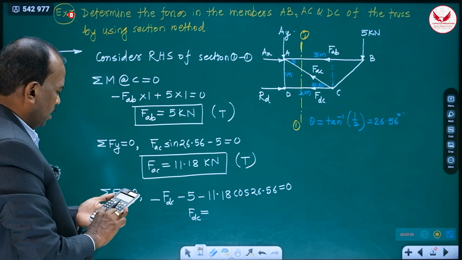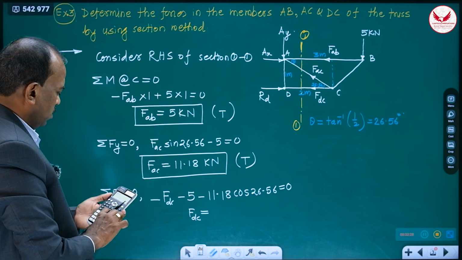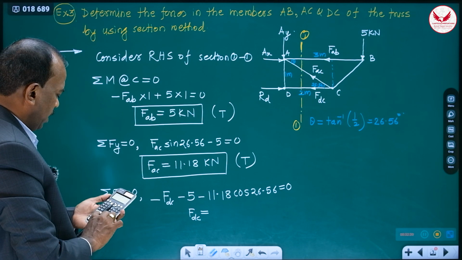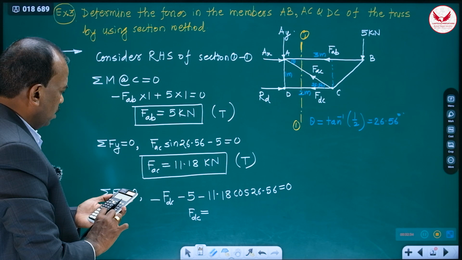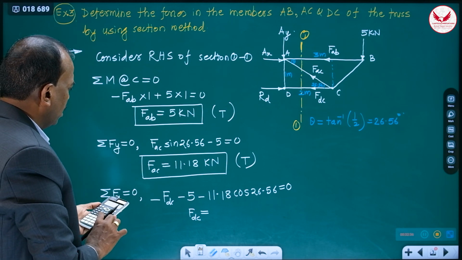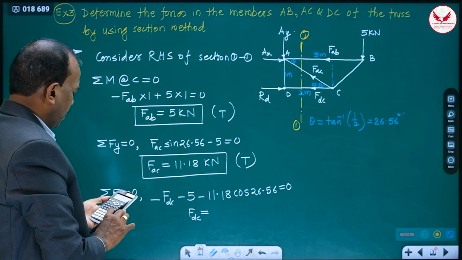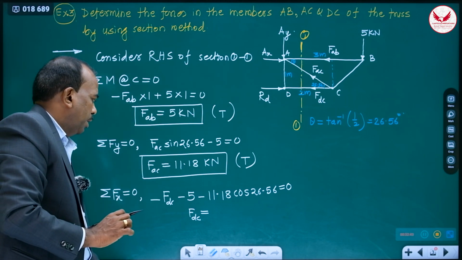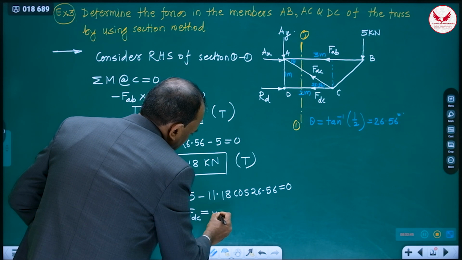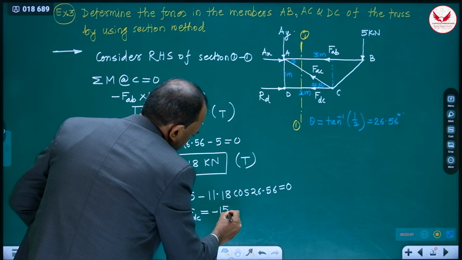11.18 into cos 26.56, which is 10, plus 5, means it's 15. It is minus 15. Minus 15 means what is the next step?